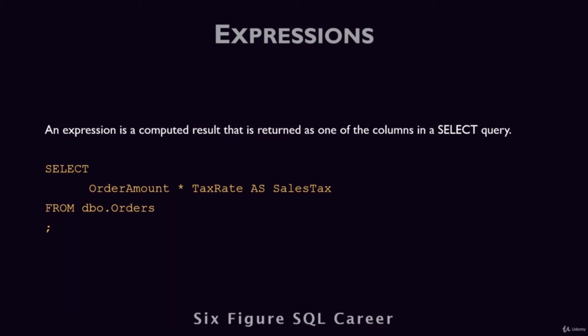This means when the query returns results, it will label the column as sales tax. If you don't specify a column alias, SQL Server will still return the column, but it will have no name. This can sometimes be a problem if you end up using the query as a stand-in for another table. I recommend that you use column aliases every time you build an expression.